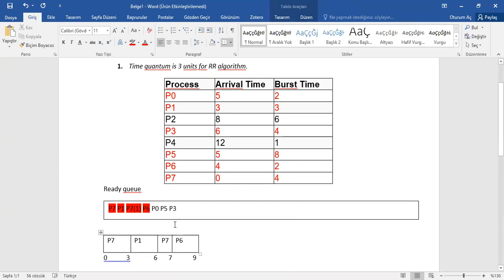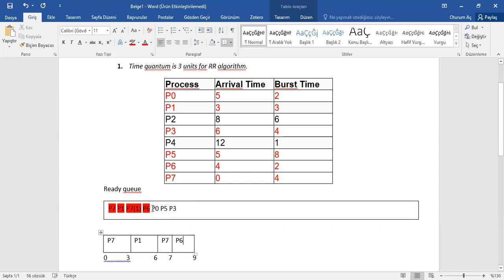Then time is 9. Process 6 will not be put back in the ready queue. Yes, process 2 will arrive. But process 6 is finished, so I don't need to put it back to the ready queue.